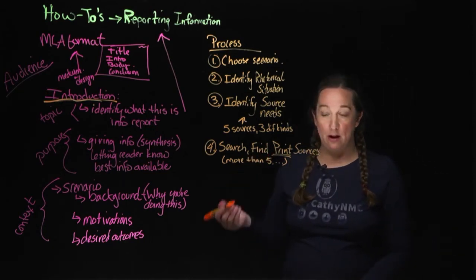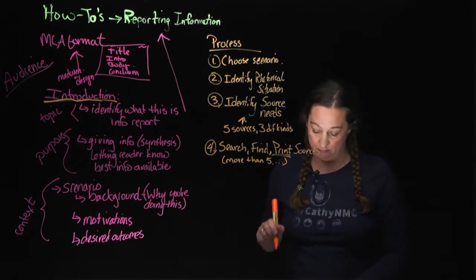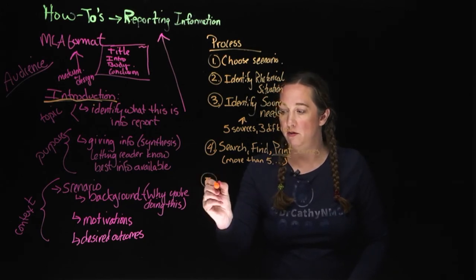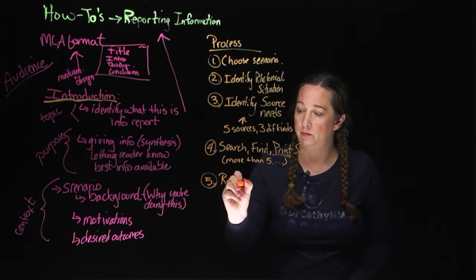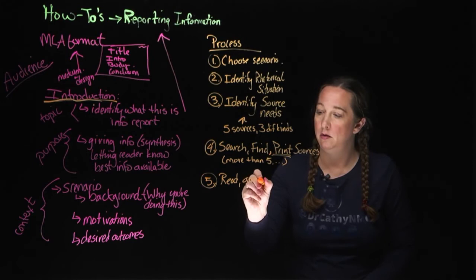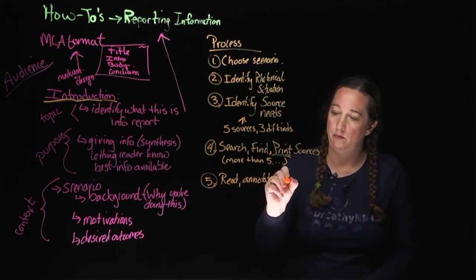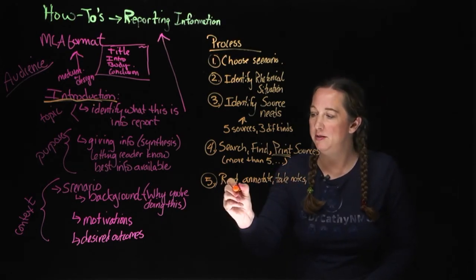After we've found our sources and gone through our different searches, we need to actually start sifting through all of this information that we found. So we're going to read them, annotate, take some notes, and summarize.